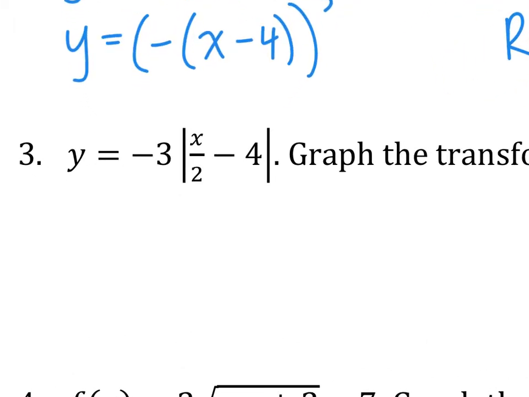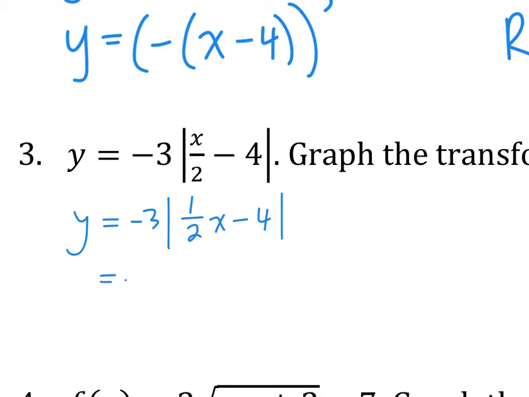Okay, is there something next to x that I have to factor out? Yes. Can you guys see it? No? You're like, I did not think that was a thing. That's a 1/2, right? Because I can write x over 2 as 1/2 times x. So that 1/2 shouldn't be there. I have to take it out of everything inside that function.